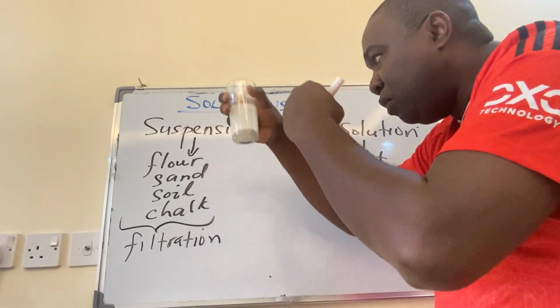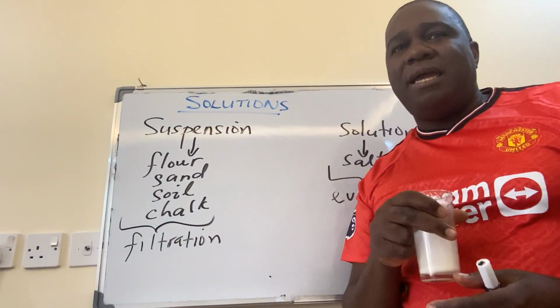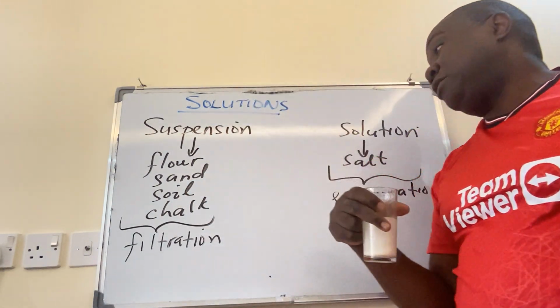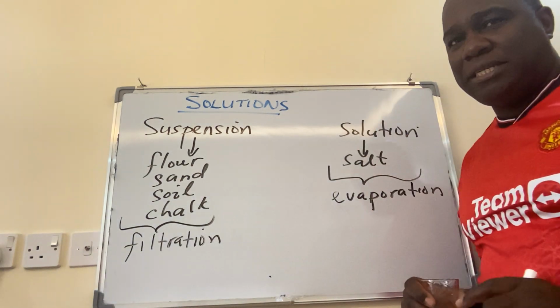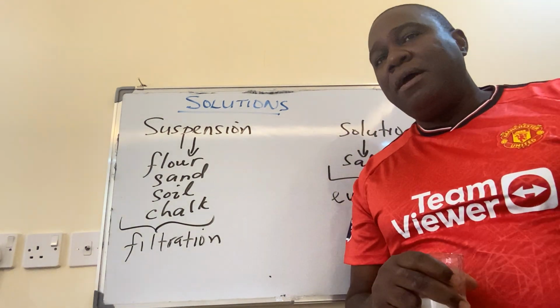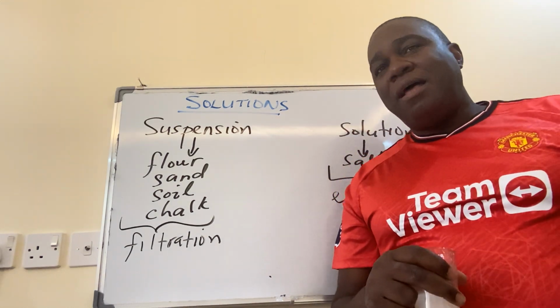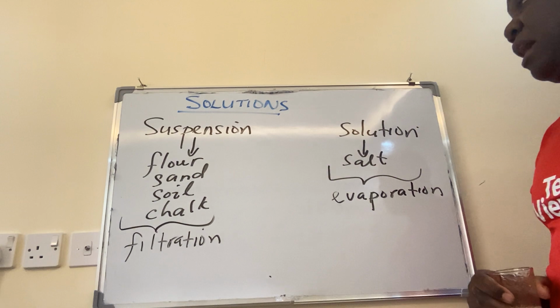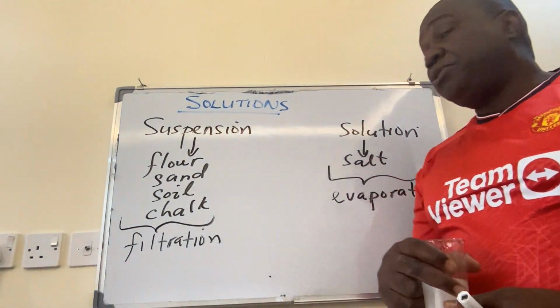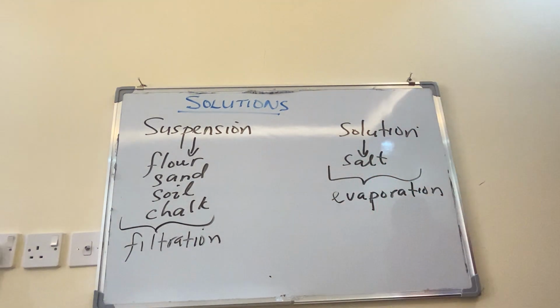You cannot actually look through and see what is on the other side of the suspension. So you need to know these terms that I've covered so far: homogeneous, heterogeneous, miscible, immiscible, suspension, and solution. These two are different.